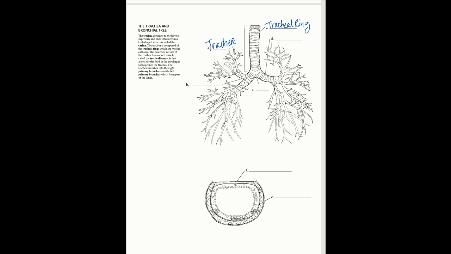From there, we have our bronchi. We have our right primary bronchus. Nope, this is the left side. My apologies. Left primary bronchus. And our right is over here.